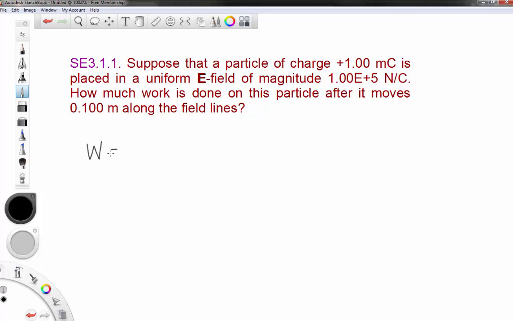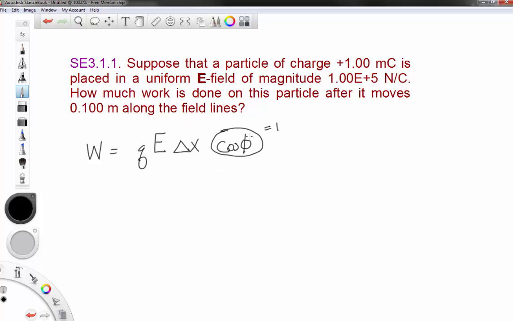So work, again, is charge times electric field strength times the distance that it moves, so delta x, times the cosine of the angle between the field line and the displacement. So since it's along the field line, this term right here is actually just given by 1.